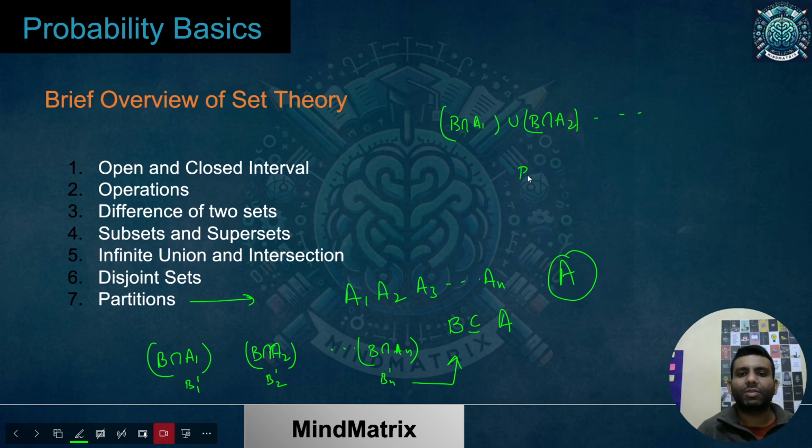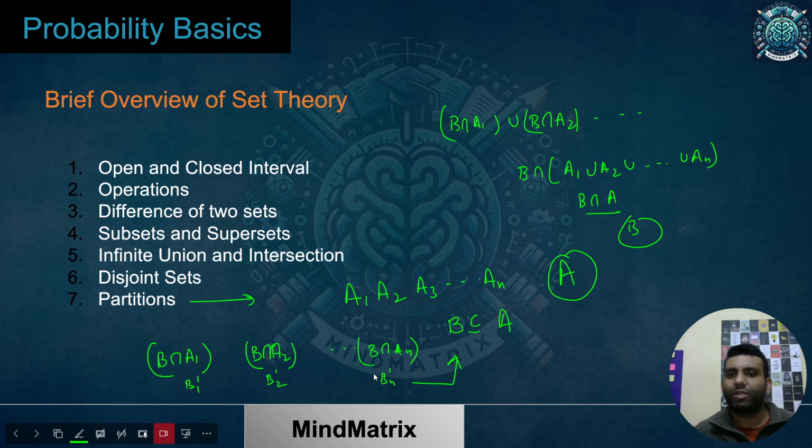It would be B intersection A1 union A2 union up to An, which is what? This is A, and B intersection A is B only, because B was a subset of A. So that means these will form a partition of B.